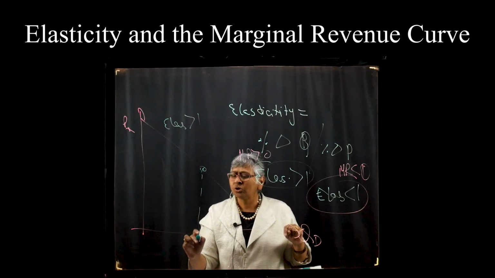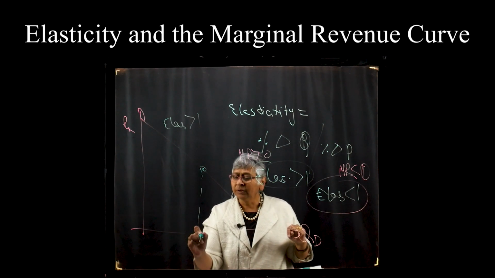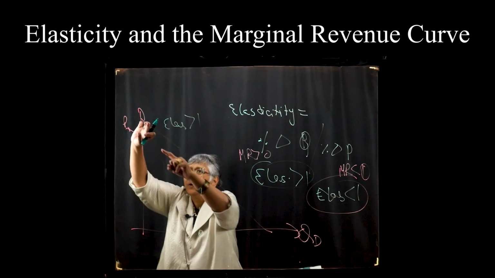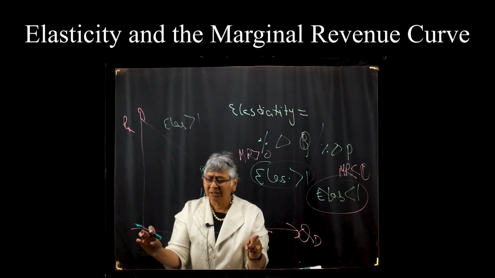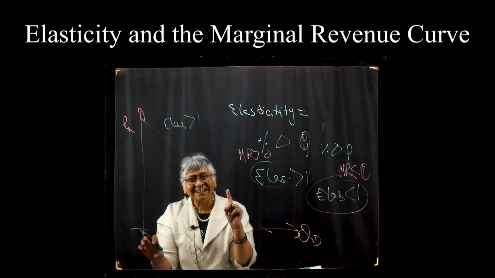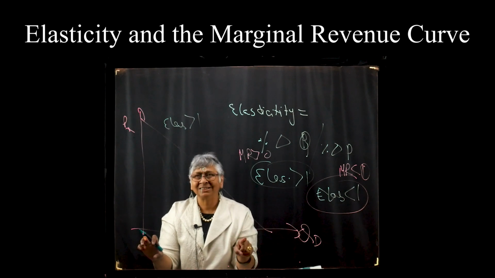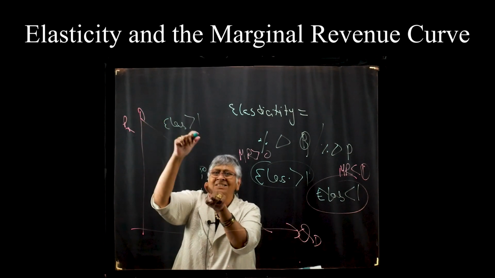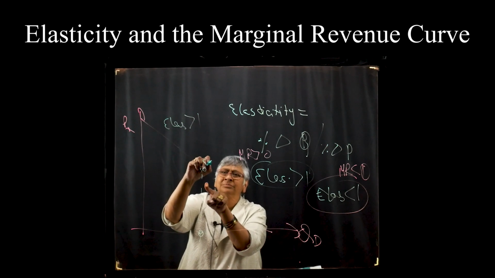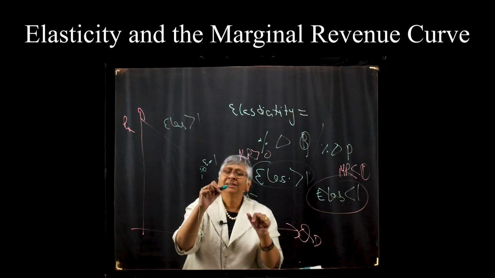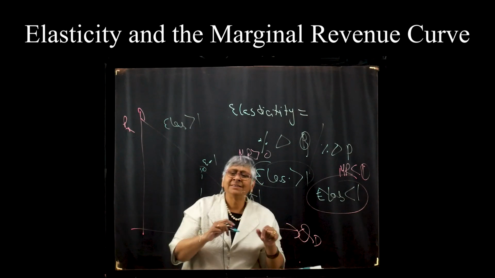So this is called the midpoint theorem, where at the middle point of a straight line demand curve, elasticity is greater than 1, elasticity is 1, and elasticity is less than 1.